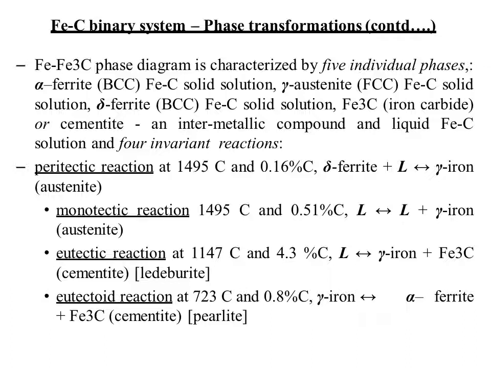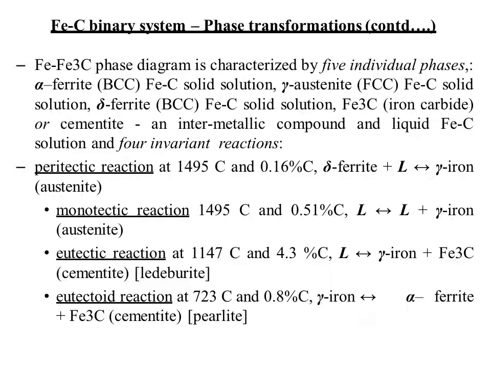Peritectic reaction at 1495 C, monotectic reaction at 1495 C, but the carbon composition is different. The composition of carbon here is 0.16 percent, and here it is 0.51 percent. Eutectic reaction happens at 1147 degrees and 4.3 percent of carbon, and the eutectoid reaction occurs at 723 degrees and 0.8 percent of carbon.